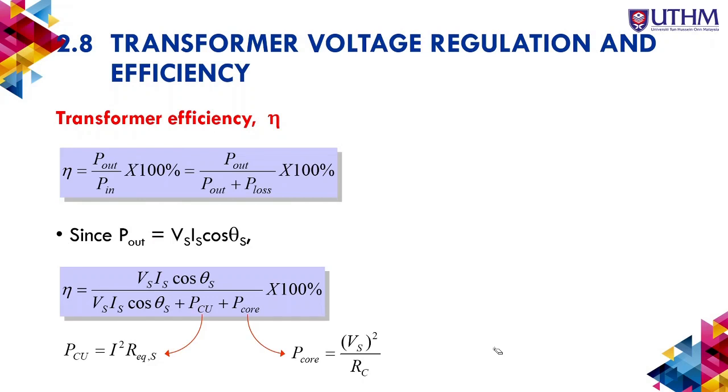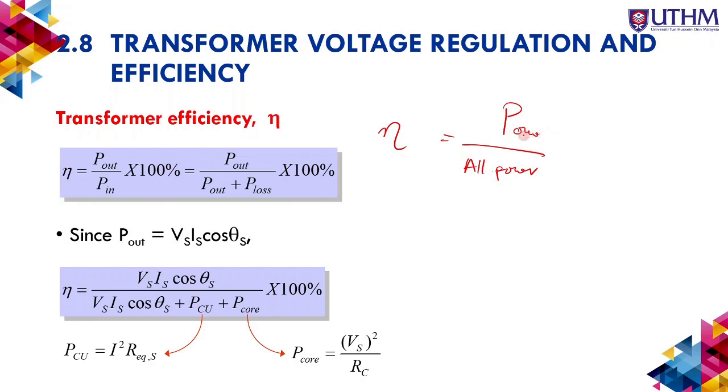Okay, ini untuk efisiensi. Efisiensi ni pun sebenarnya nak kira loss lah, sama juga macam error jugalah, tak beza jauh. Apa yang saya boleh katakan paling senang adalah ni P out divide by all power.